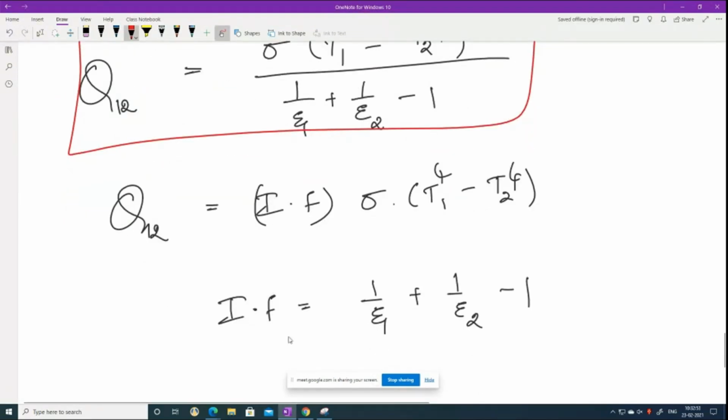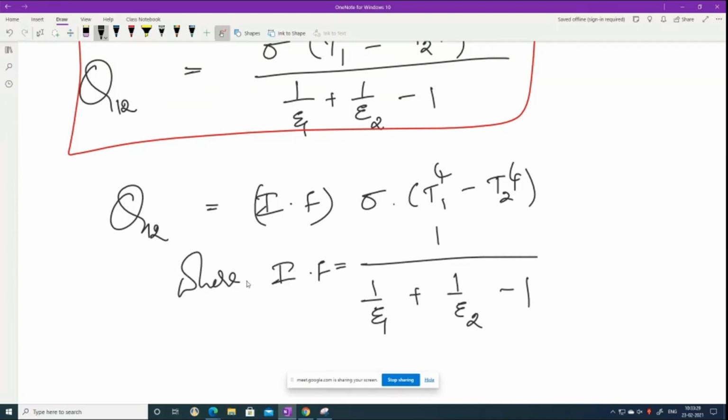Yes, 1 by IF is equal to that. IF is also called equivalent emissivity.